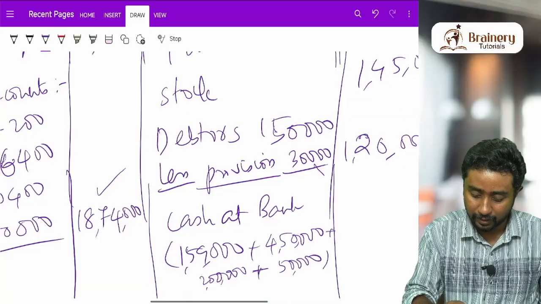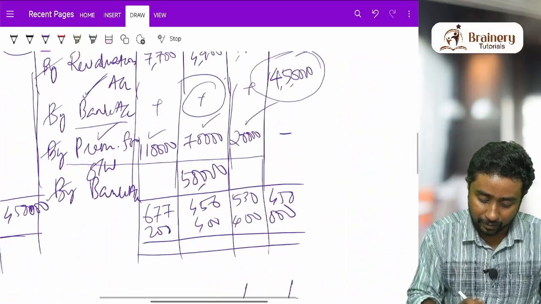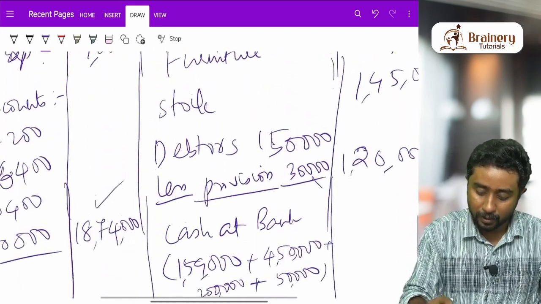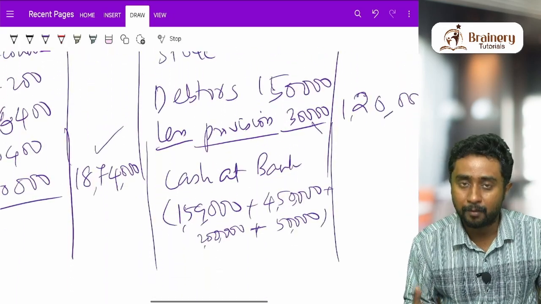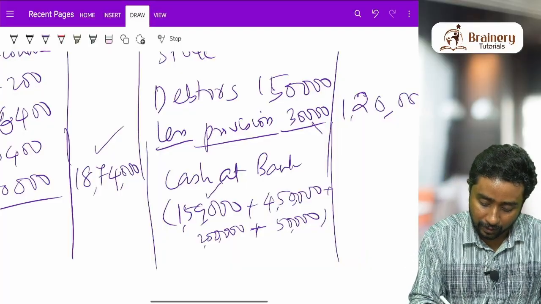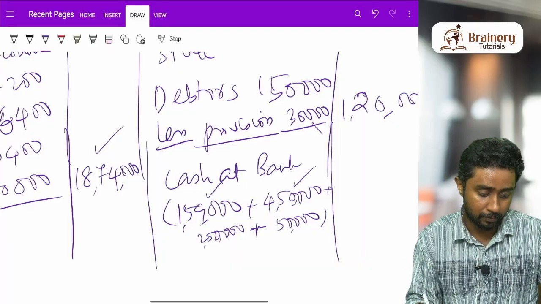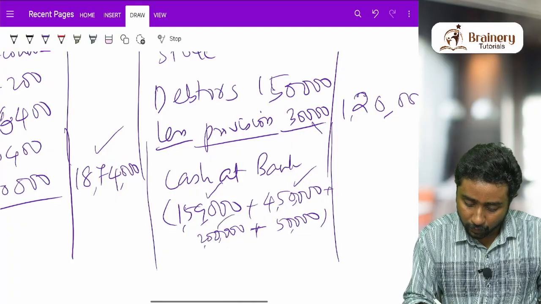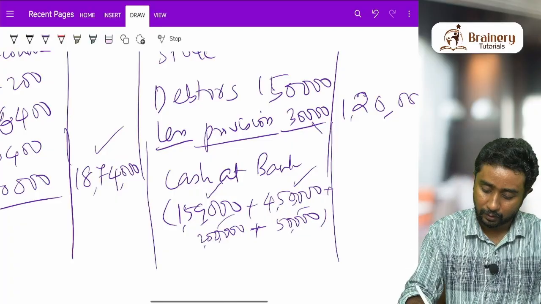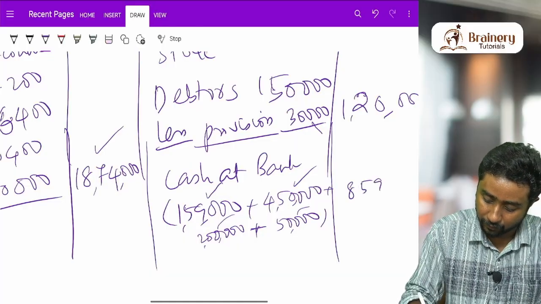As you can see here, in Yasmin's capital account we have written by bank 50,000. That is also an entry related to bank. So all these entries here, if money is coming, you just have to add. Money is going out, you just have to deduct. So 1,59,000 plus 4,50,000 plus 2 lakh plus 50,000. How much is there? So total it will come as 8,59,000.